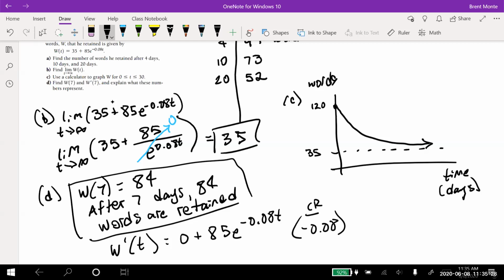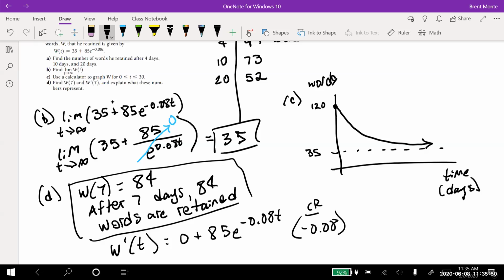Now, that negative is why the derivative is negative, which we said because the graph's going down. And think about it, if we took the derivative again for the second derivative, we'd get times another negative, which would make it positive, which is why we have a concave up graph, because the second derivative is going to be positive.